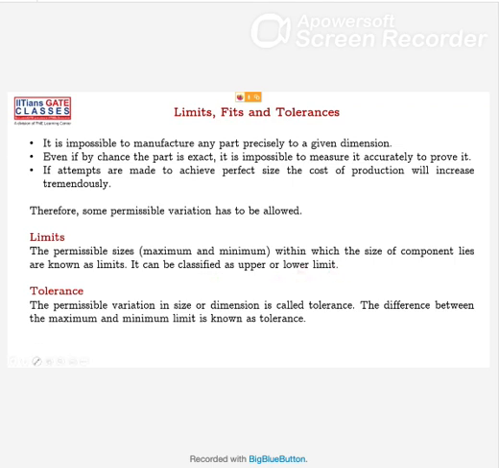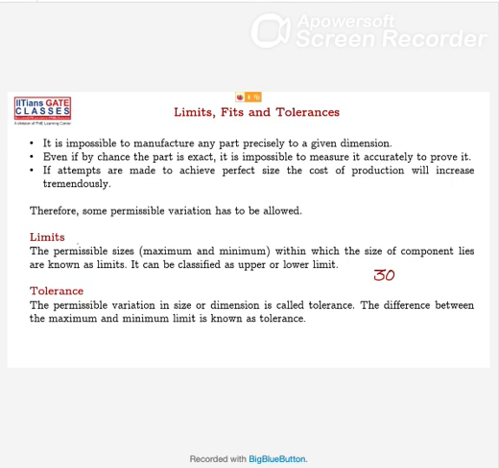Initially I told you, for example, if you have to produce 30 of diameter, you can't produce it exactly because of these three points I told you. There is some manufacturing problem, and you can't prove it even if you manufacture it properly. Or if you want to achieve a high level of accuracy and precision, the cost goes up, and you don't want that to happen. That's the reason why you put these limits.